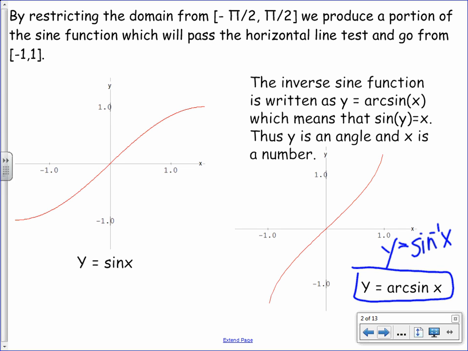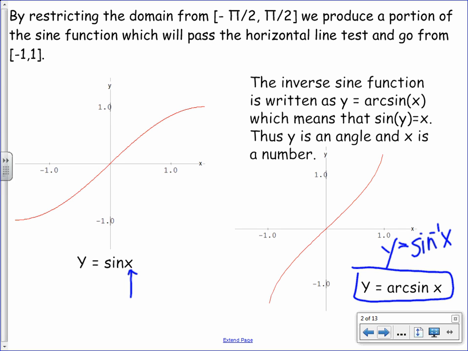When we think about inverse functions, here y equals the sine of x. We plug in angles to get numbers out of it. Our inputs are angles, our outputs are values between -1 and 1. With an inverse trig function, we plug in values and get out angles.